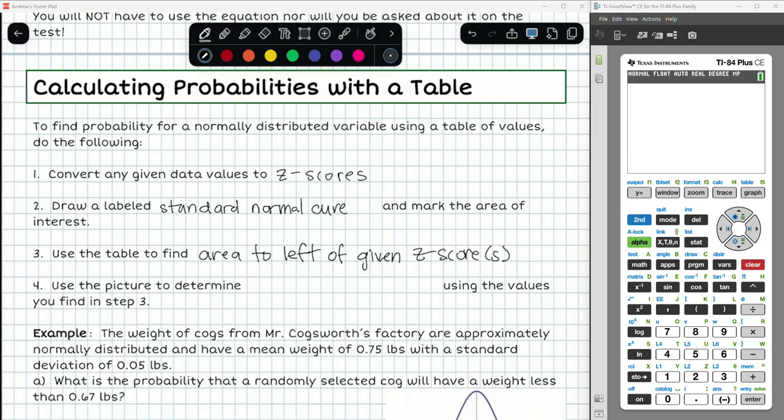And the reason I'm saying area to the left is your probability table only does areas to the left. It only does less than problems. We won't always be looking at less than problems, so we're going to have to work backwards in step 4. In step 4, we're going to use the picture to determine the probability of interest using those left values from step 3.